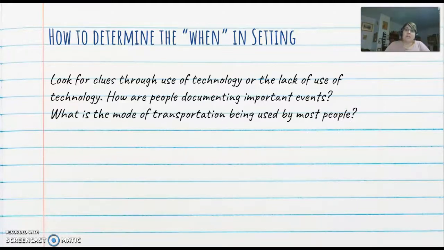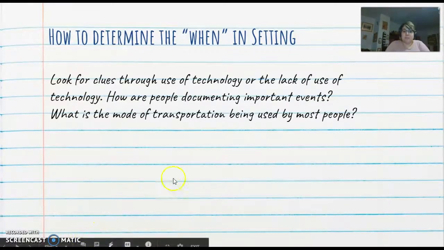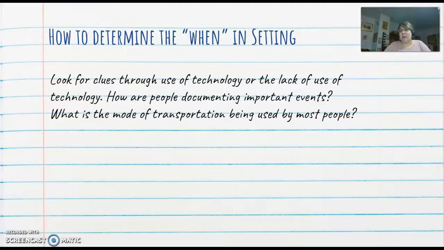If we're in a specific area, we might have people traveling by foot, and we would think it would be before the time when cars were around. However, if we're in a very small rural area, cars may be around, but people in rural areas don't have access to them.